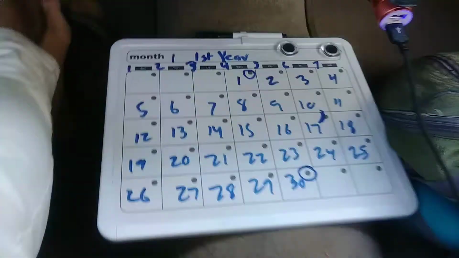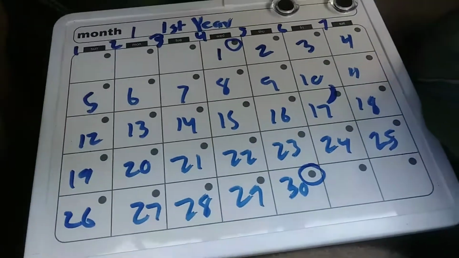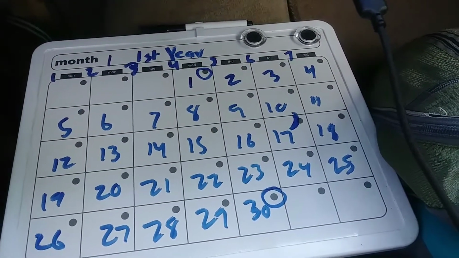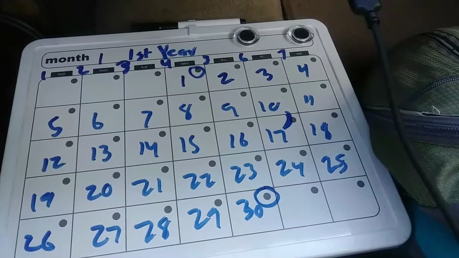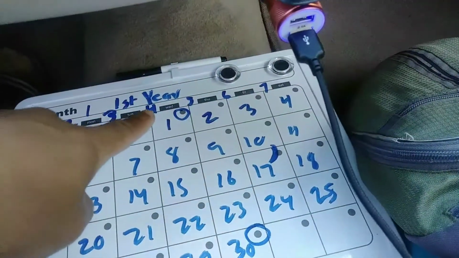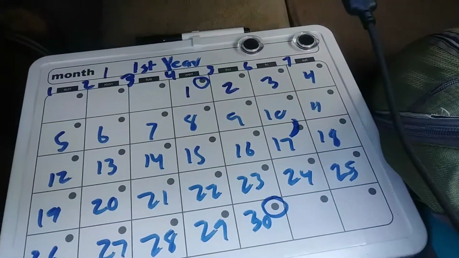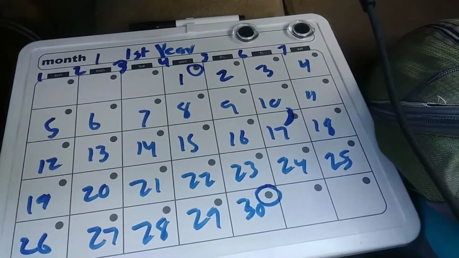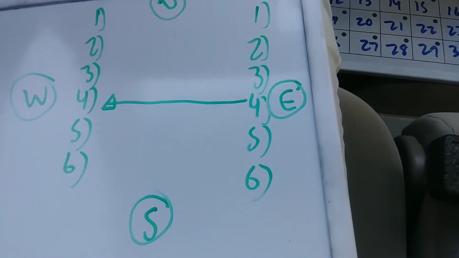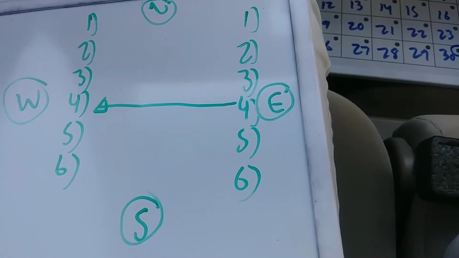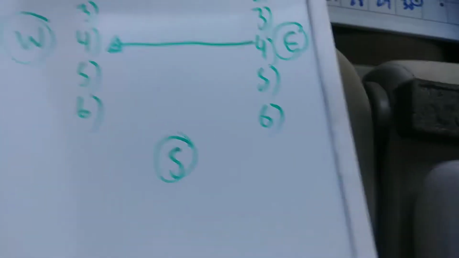So when we look at our whiteboard here, this is the first year, first month, and on the first day of the year, which is the 4th day of the week, the sun, moon, and stars were created. So therefore, that is why they come forth from the 4th portal or window first.